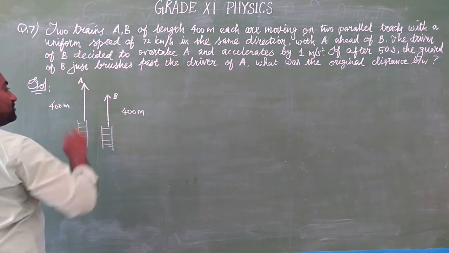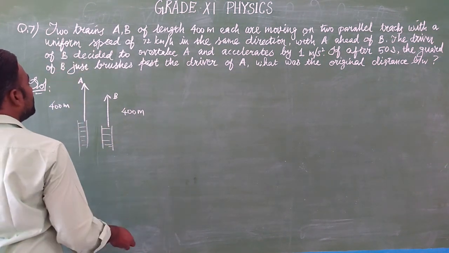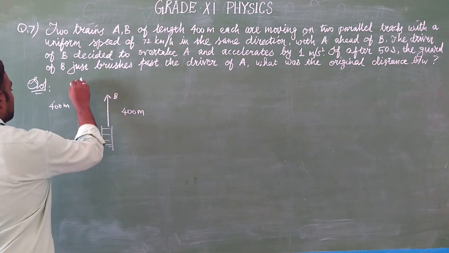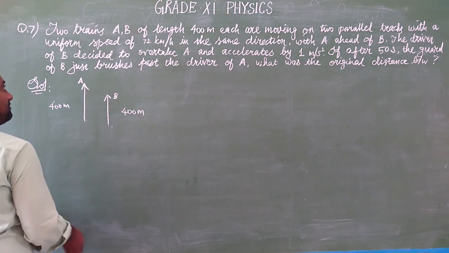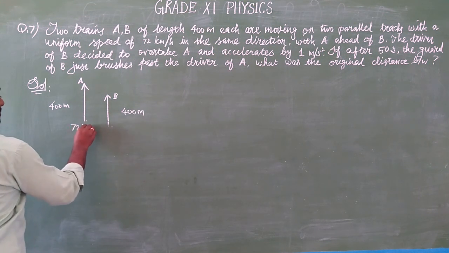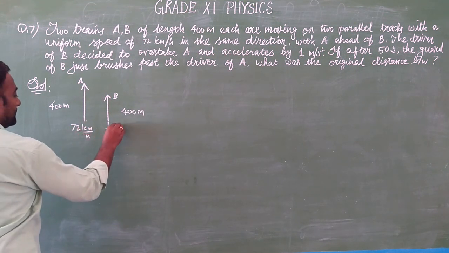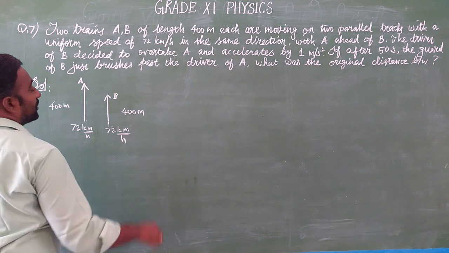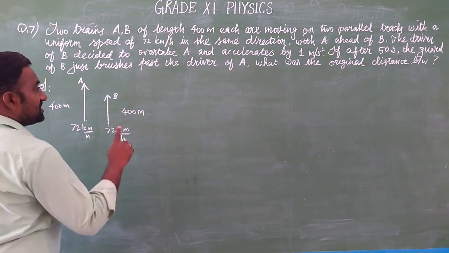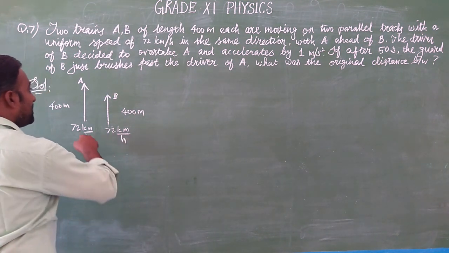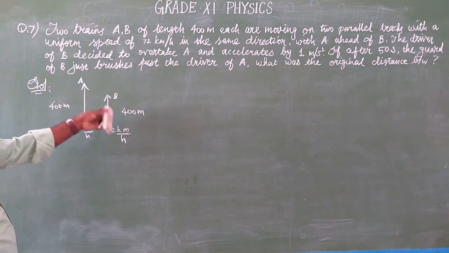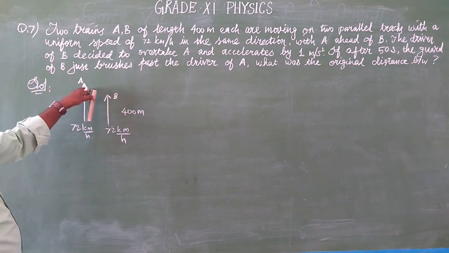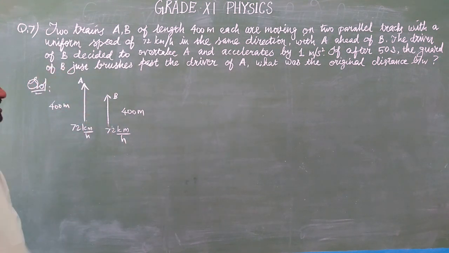So the two trains are moving on parallel tracks with a uniform speed of 72 kilometers per hour. So the speed of train A is the same as train B, both 72 kilometers per hour, in the same direction with A ahead of B. So train A is moving forward, then train B. Now the driver of train B decides to overtake A and accelerates at 1 meter per second squared.